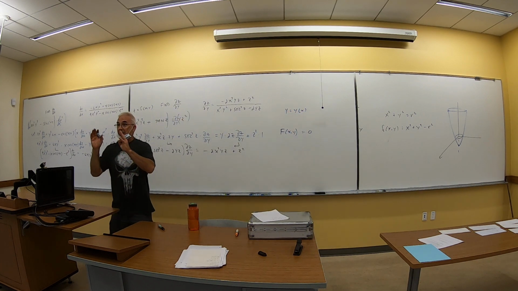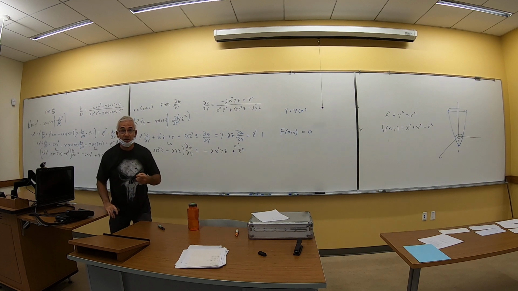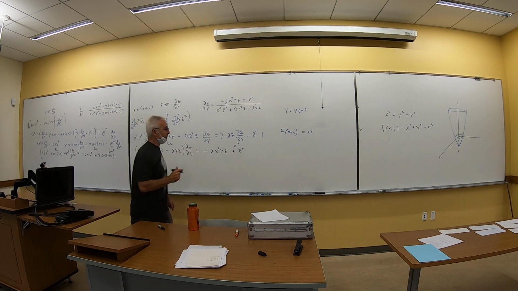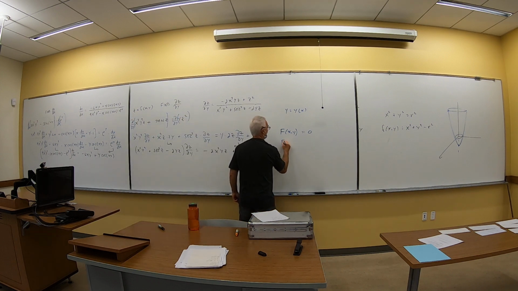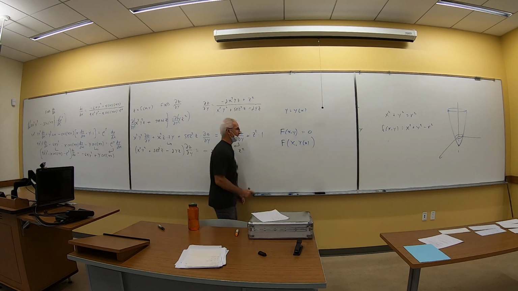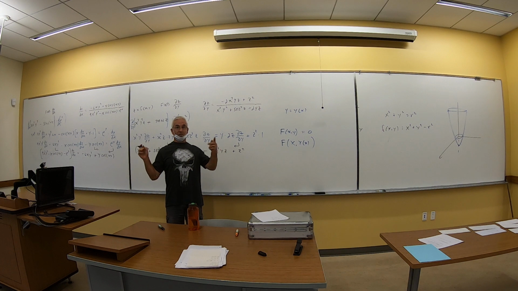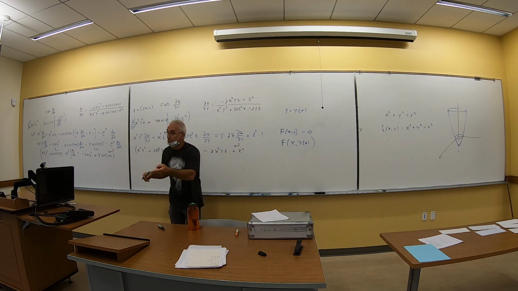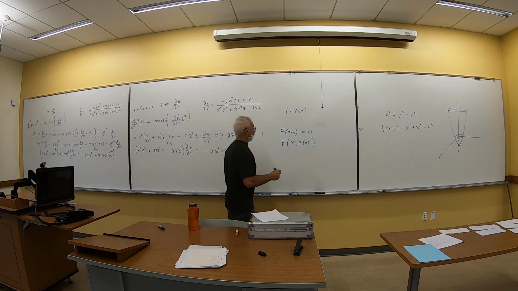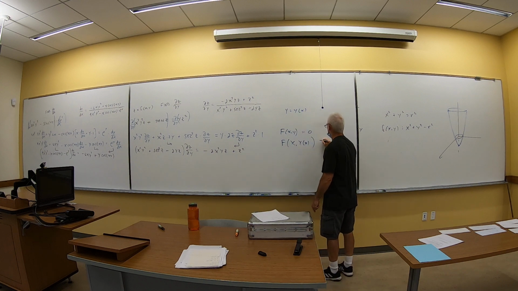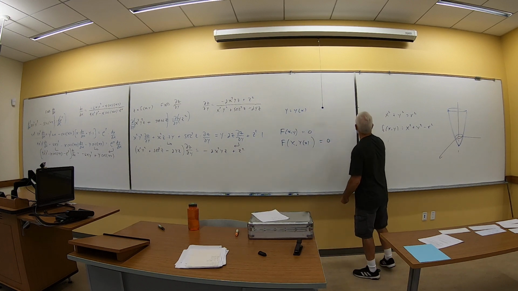Again, in the sense of implicit differentiation, it only worked if I thought of y as a function of x, not as a separate variable. So in a sense, think of this as f of x comma y of x. So that means there's one independent variable, but I'm treating this as two variables. But the one independent variable, of course, would be x. So let's differentiate with respect to x.